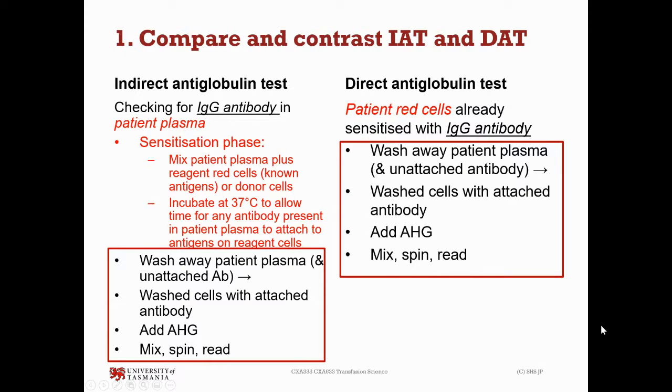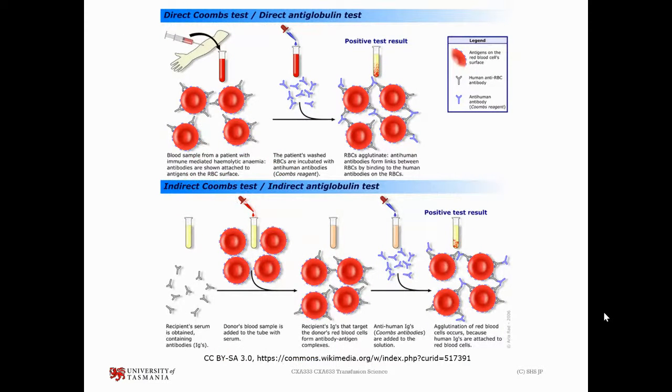Okay, so that is what's the same. What is the same is what's in those boxes. And then for those of you who like a picture, because really who doesn't like a picture, at the top there we have our direct antiglobulin test where we are testing the patient cells that have already been sensitized within the patient.